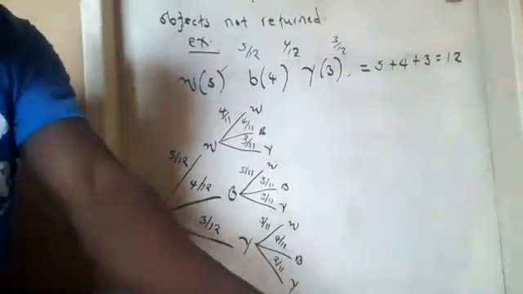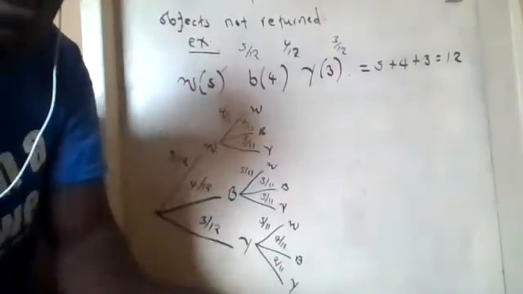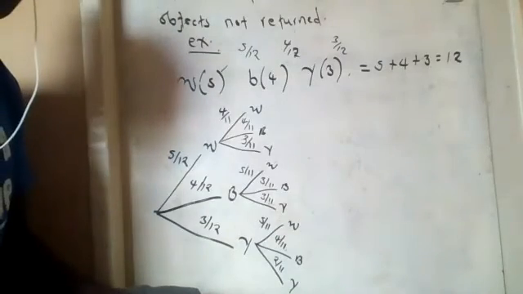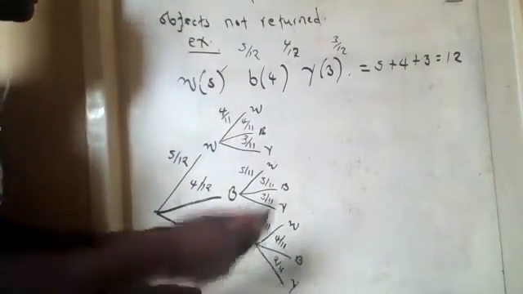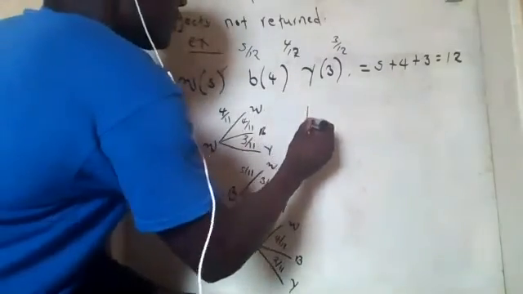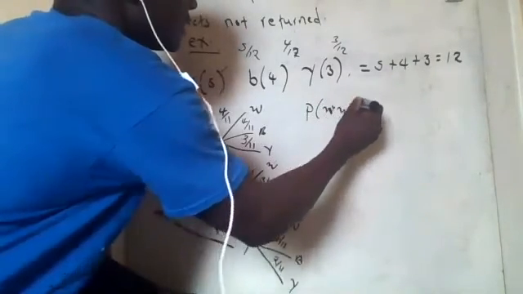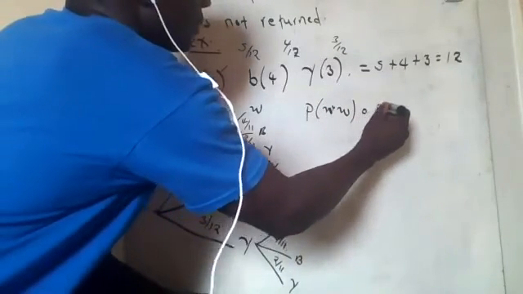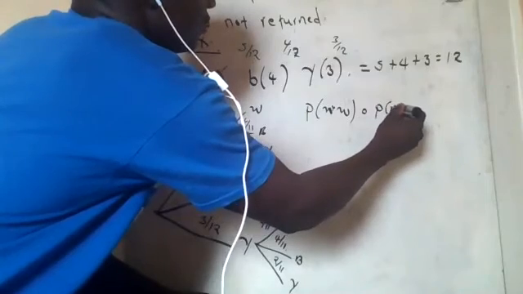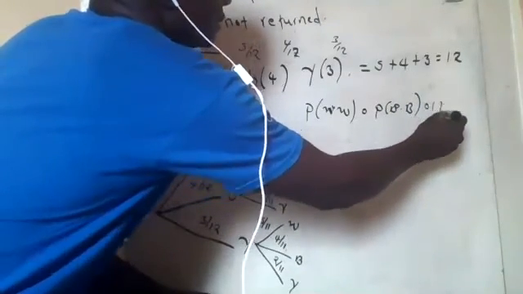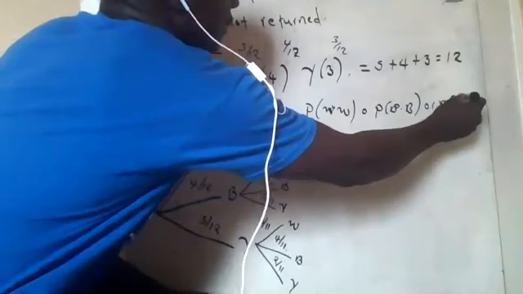So the question now says, find the probability that the chalk which is selected is of the same color. So if it is of the same color, it must be the probability of white and white, or the probability of blue and blue, or the probability of yellow and yellow.